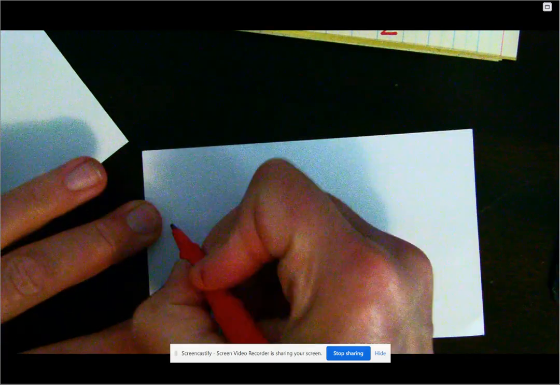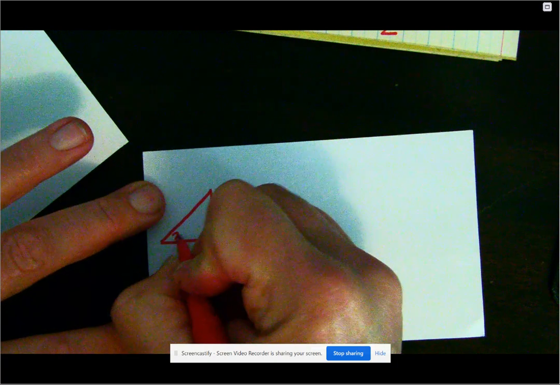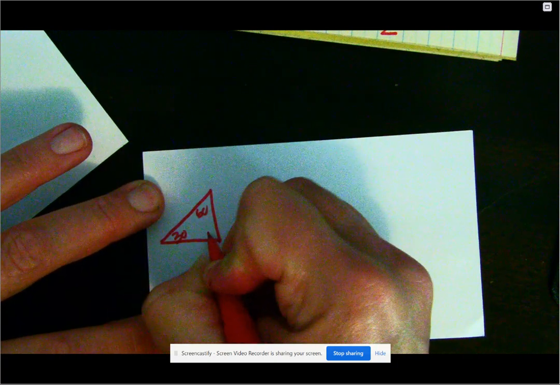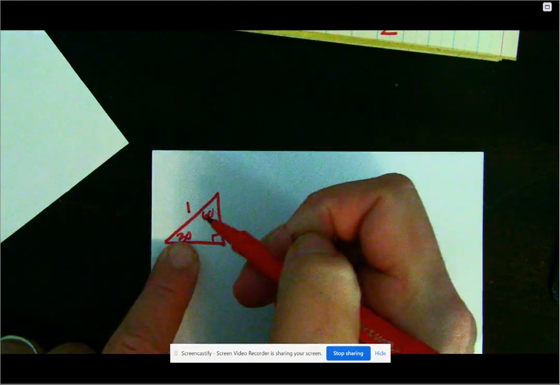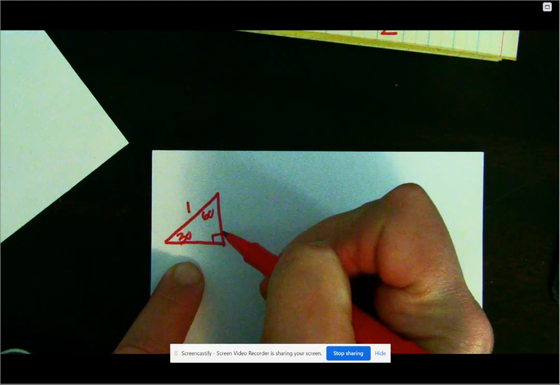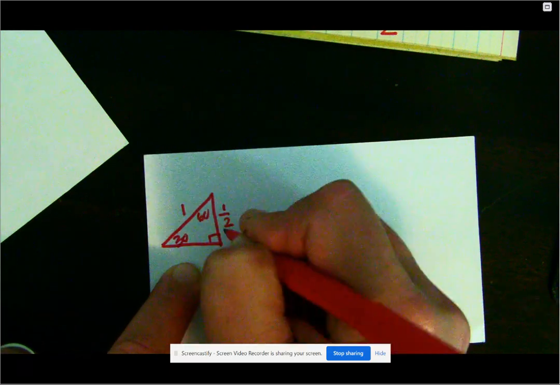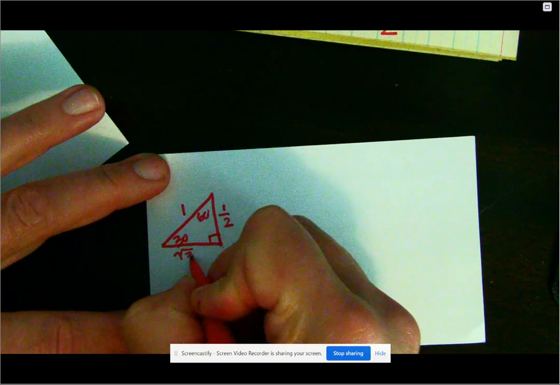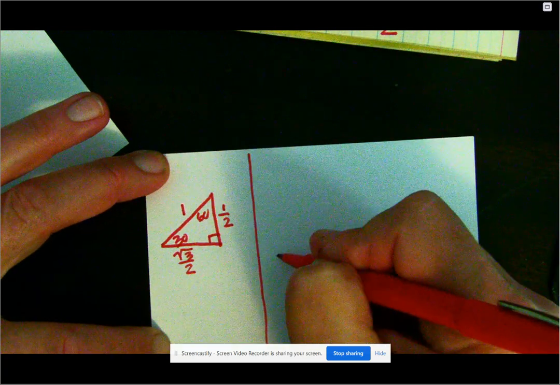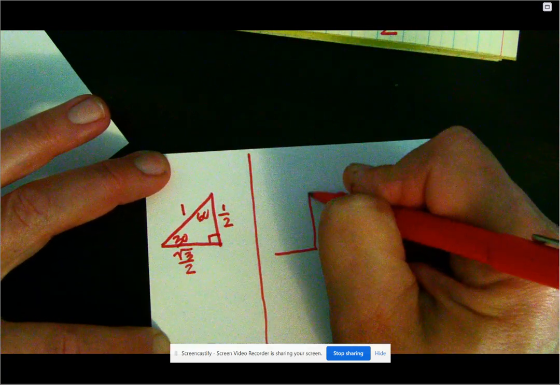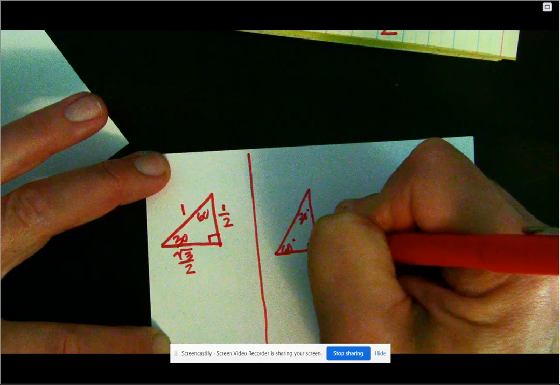So you could have 30, 60, 90, 1. Okay, so in a 30, 60, 90 degree triangle, if the hypotenuse is 1, the short leg is 1/2. Boy, that's not drawn to scale. And this is root 3 over 2. Okay, if you flip it, 60, 30, 90.